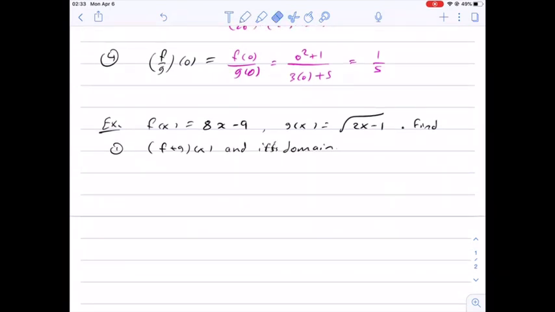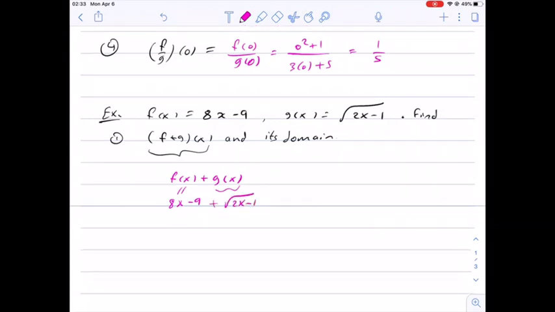Okay, so to find this, we first find f plus g of x. So this is f of x plus g of x. But f of x is 8x minus 9 and g of x is square root of 2x minus 1. We can't simplify, so we just leave it in this form.